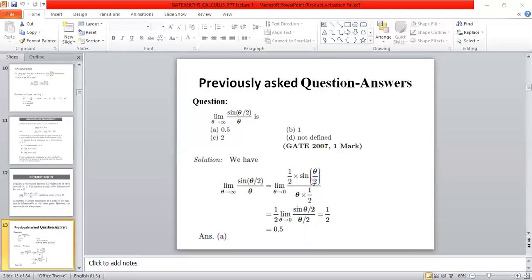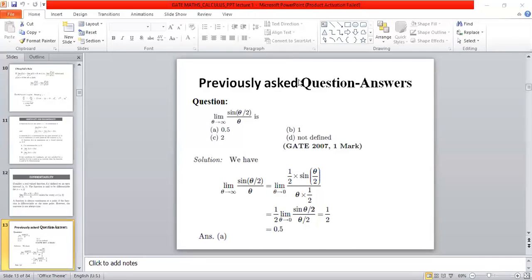In the denominator, theta will be multiplied by 1 by 2 and similarly we will divide by 1 by 2, so that we get theta by 2 in the denominator and 1 by 2 in the numerator. So now it is sine theta by 2 upon theta by 2, and the extra thing is 1 by 2. That 1 by 2 we take outside, and the limit of sine theta by theta is 1.